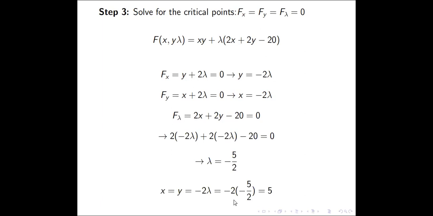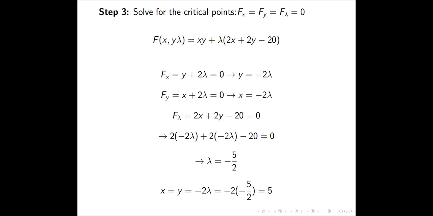So we get the same answer as before using single variable calculus, this time using the Lagrange multiplier method for multivariable calculus. Same answer, 5 by 5 square. And as I have said, this can be applied to any number of variables.